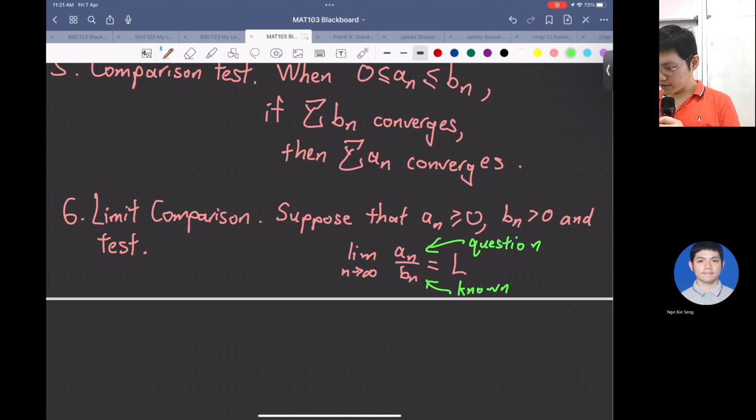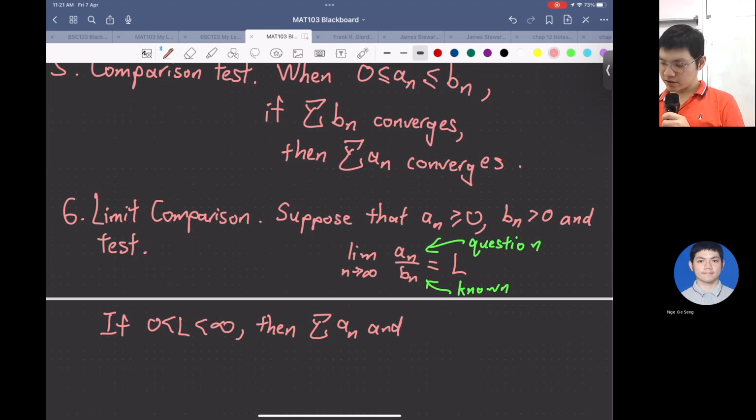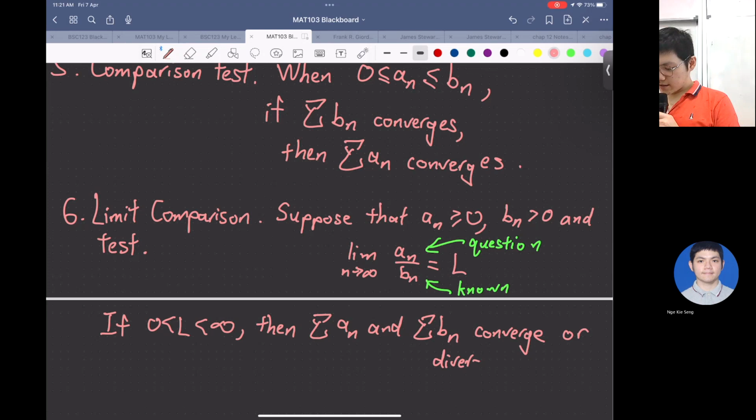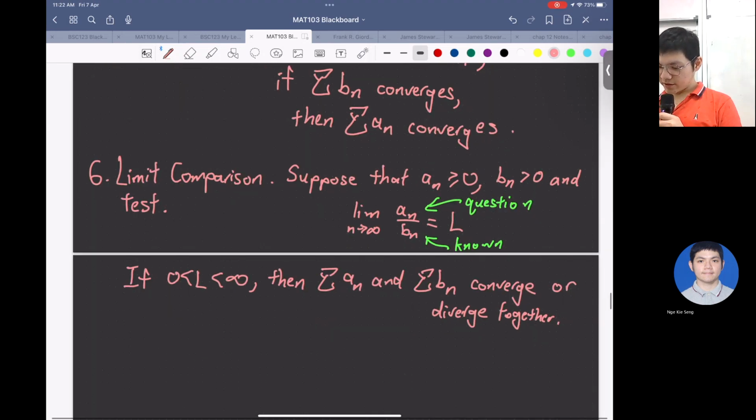The theorem is, if you find the limit is some finite number, then the two series either converge or diverge together. So if you know that the series of Bn converges, then the series of An should converge. If the infinite series of Bn diverges, then the infinite series of An also diverges.